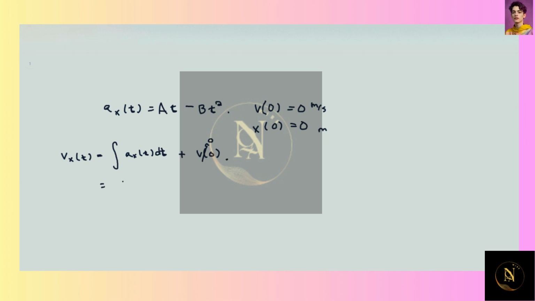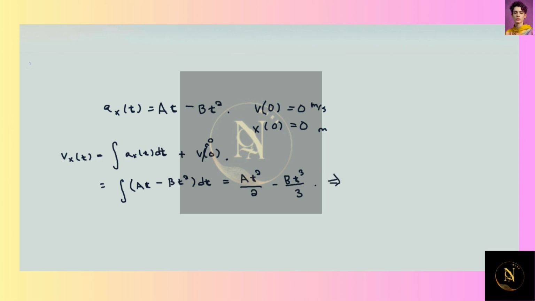Plugging in our form for a, we get the integral of a times t minus b times t squared dt. And the integral of that is at squared over 2, this is the reverse power law, minus b t cubed over 3.